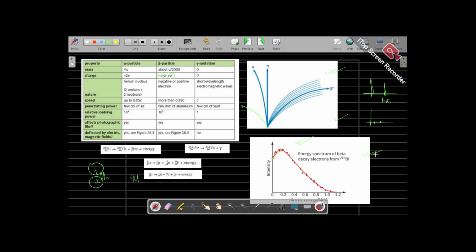Why is there this changing energy? क्यों fix energy का beta particle नहीं emit हो रहा when जो parent element जिसकी हम बात करें वो same है? While trying to answer this question, it was suggested by, I think, Pauli, the scientist.